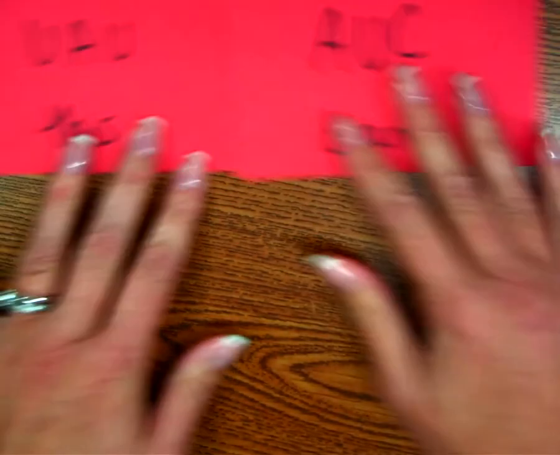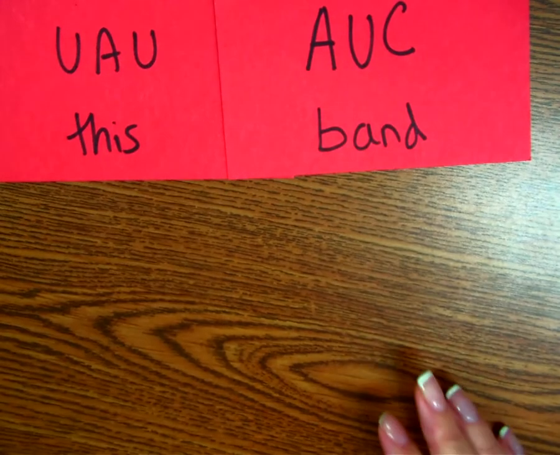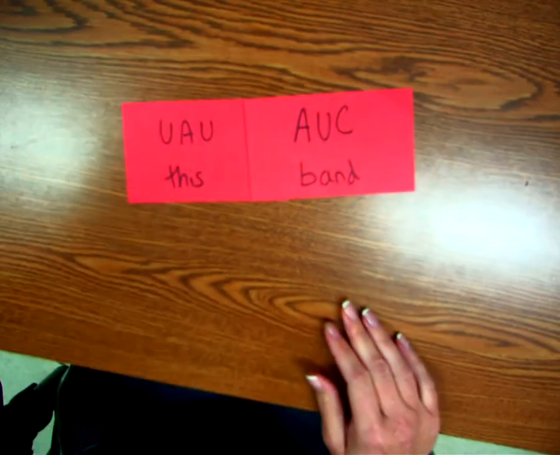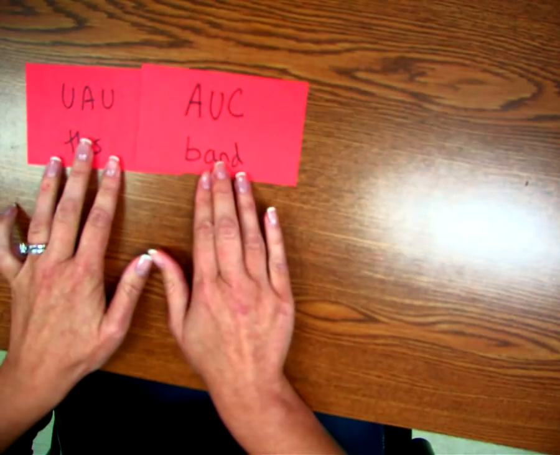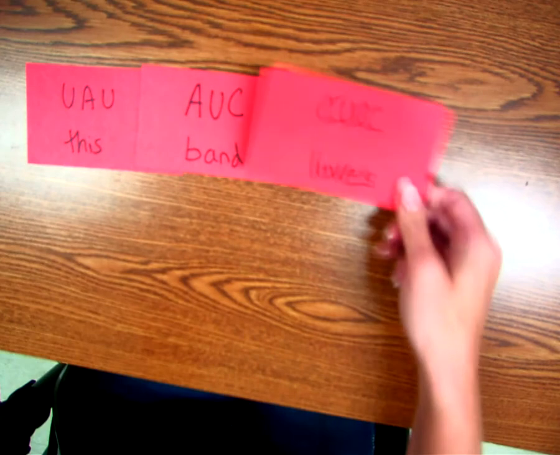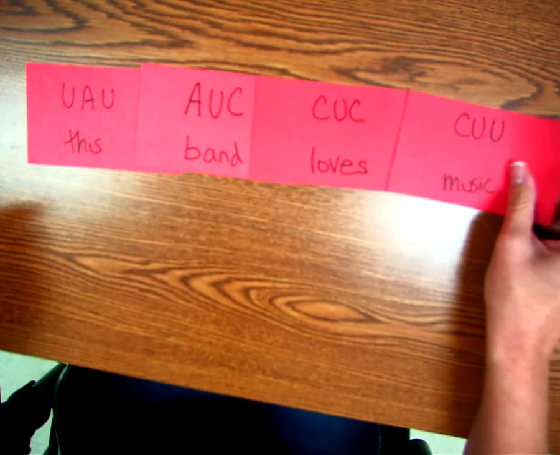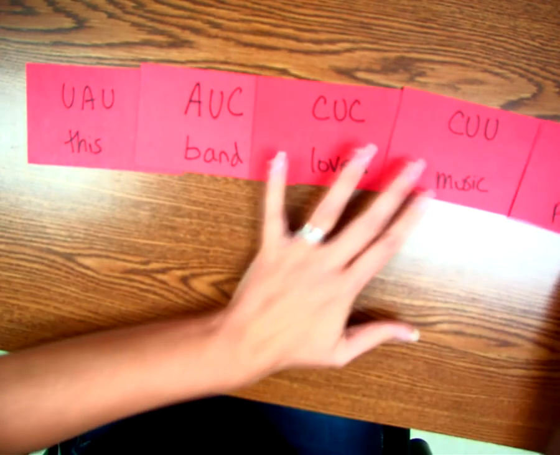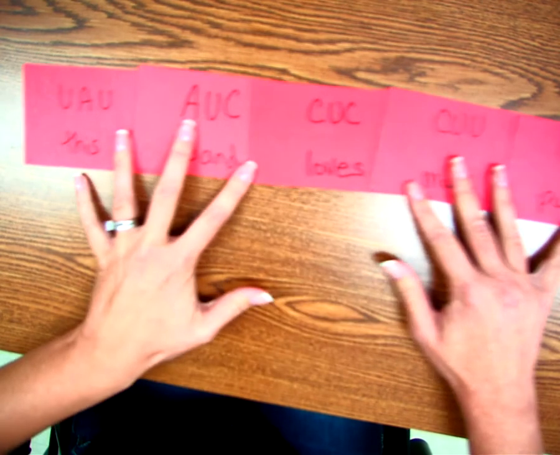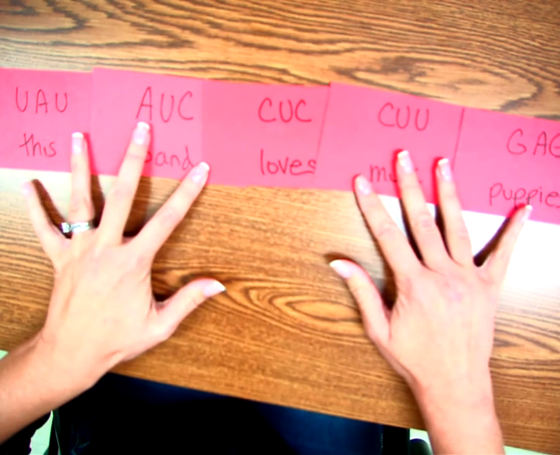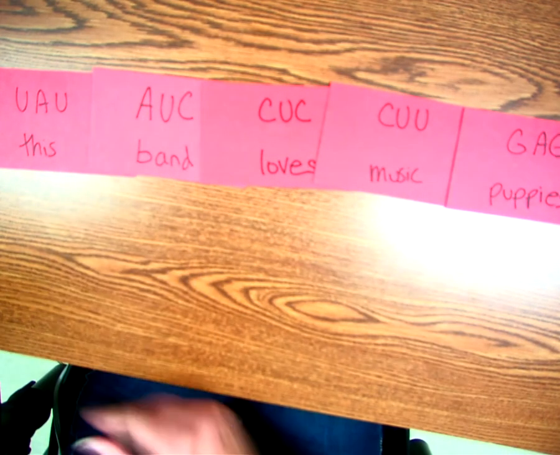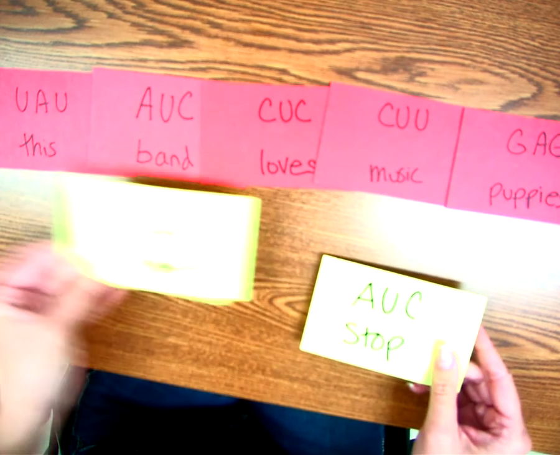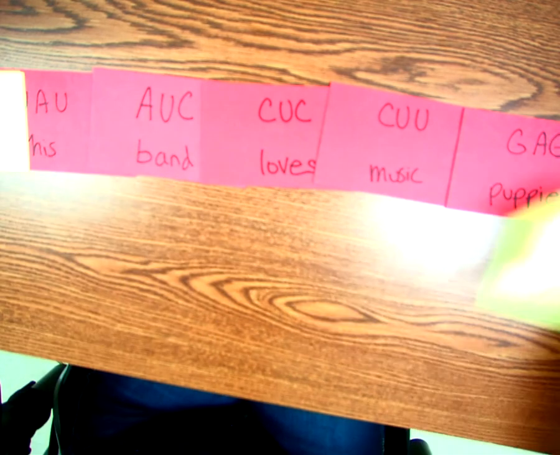So for example, you might have some cards out there that say like this: band, loves, music. You might also have puppies: this band likes music, puppies. All right, well, I'm of course going to stick a start codon on the front and a stop codon on.